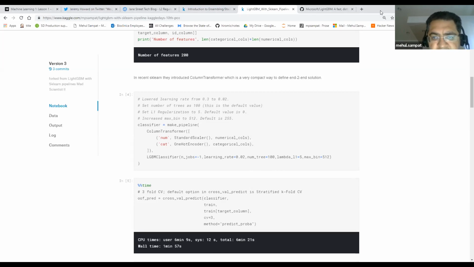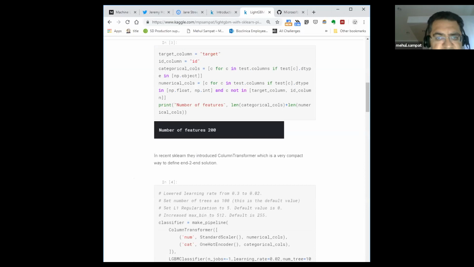One of my problems is that there are just too many parameters to tune here. Let me quickly show a link I found in the previous Kaggle competition. You have all these parameters whether you use XGBoost, which is the other popular package, or LightGBM.